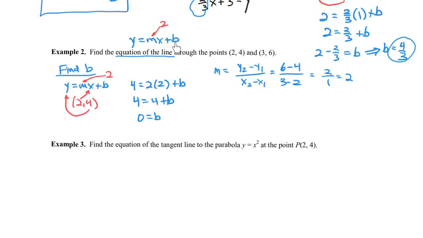So the y-intercept is 0, which just means this line goes through the origin. So the answer is y equals, we know the slope is 2, and then plus b, which is just plus 0, so you typically wouldn't write that. I suppose you could write y equals 2x plus 0, but normally we would just write y equals 2x.